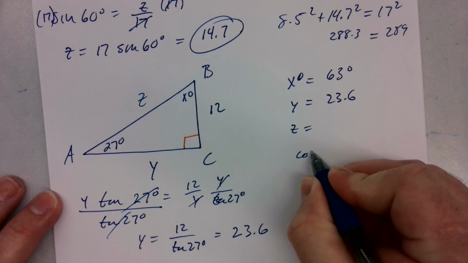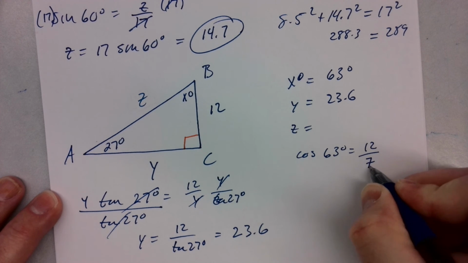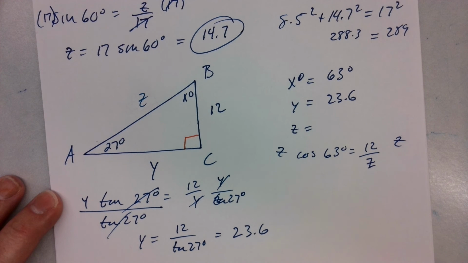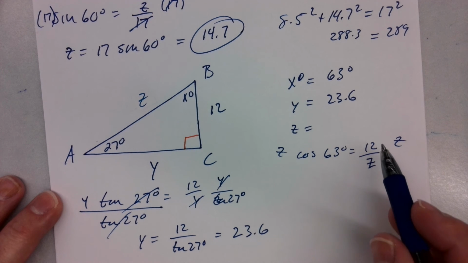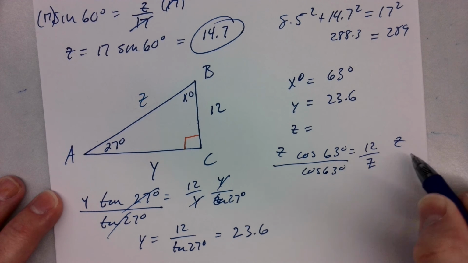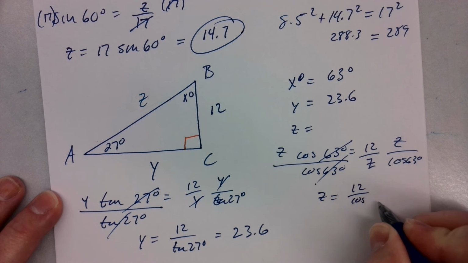And then I times it by z on each side. And then I got z equals 12 minus the cosine of 63. Ah, it's not 12 minus, it's 12. So you have to divide by the cosine of 63, right? So I'm going to get z equals 12, divide the cosine of 63.